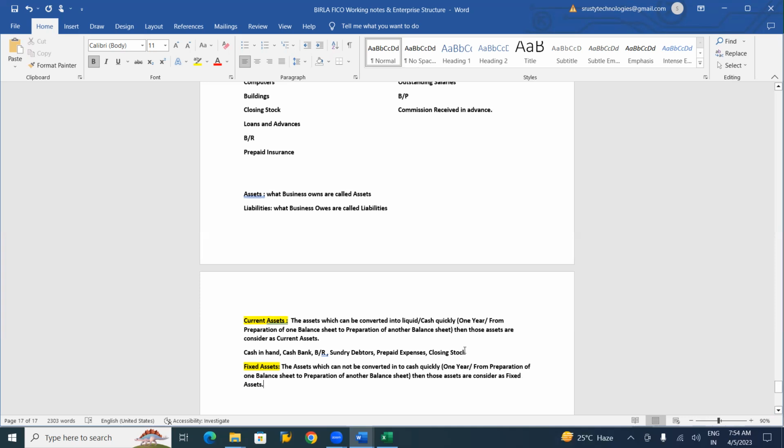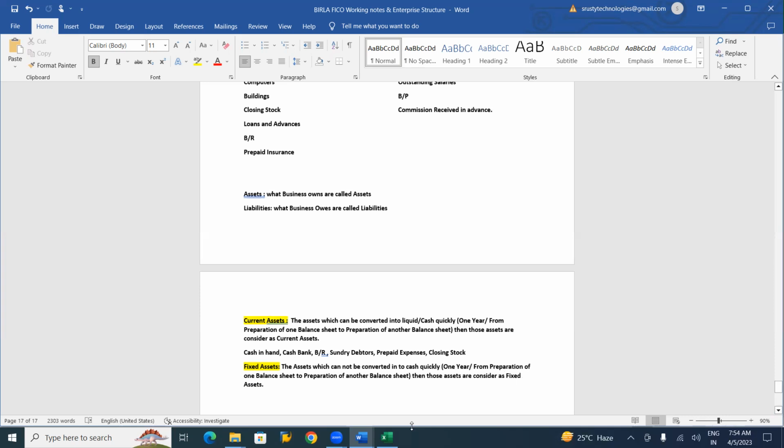Understood? Which can be converted, then these are nothing but current assets, and those which are not able to be converted are fixed assets. Why? Because we have our business commitments. For example, why building? Can't we sell our office building within 1 year? We can sell it, right? Hardly 1 month, 2 months, 3 months. But why are we considering it as a fixed asset, and why are we saying we can't convert it?